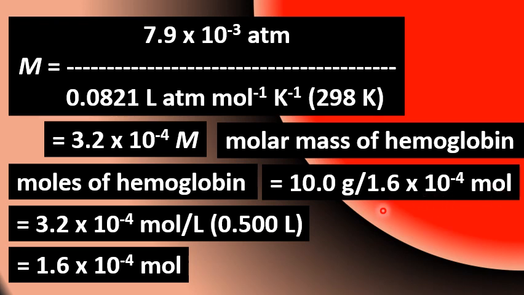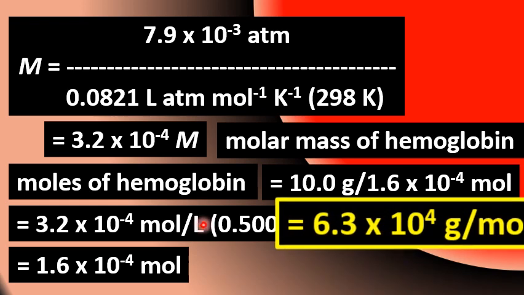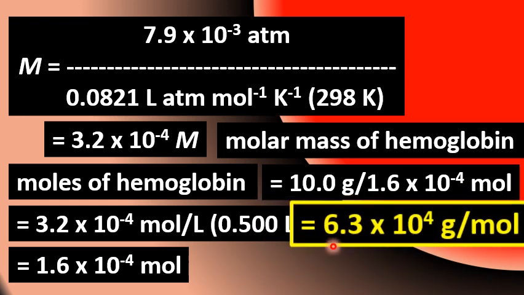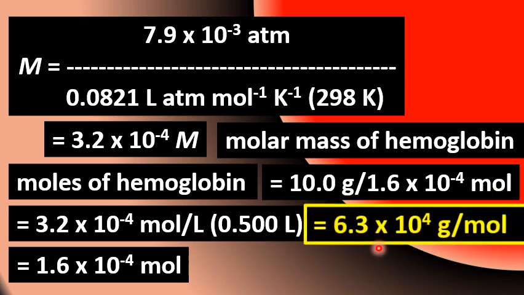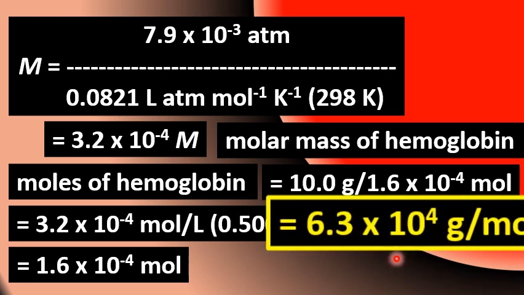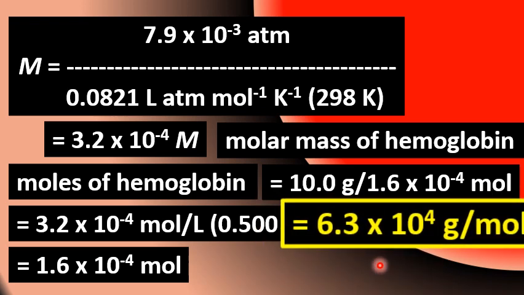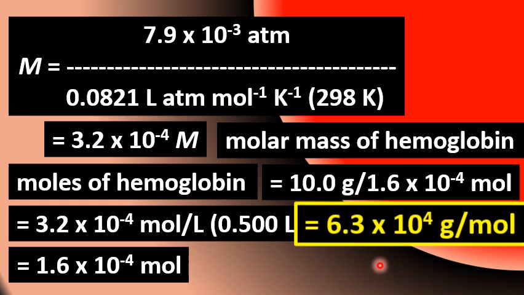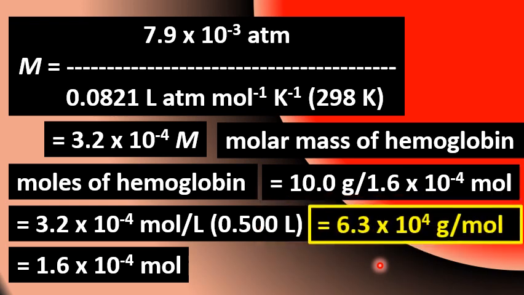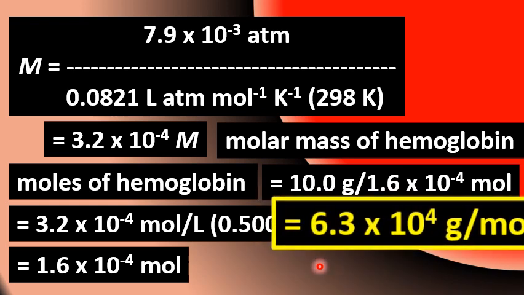All right? And simplifying, we get the molar mass of hemoglobin equal to 6.3 times 10 to the 4th power grams per mole. So that's it. We are done.